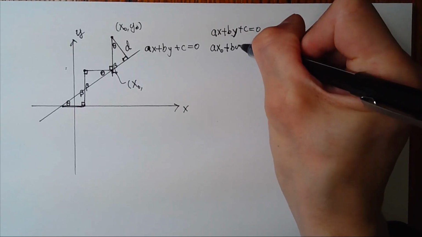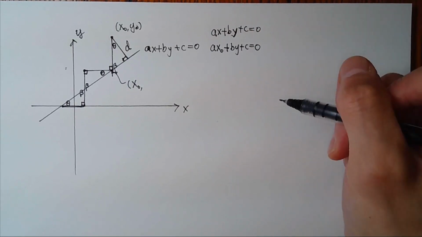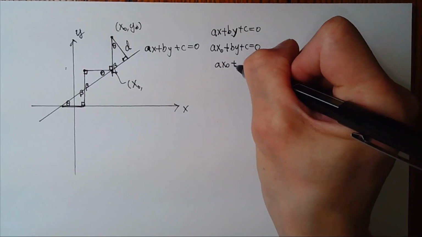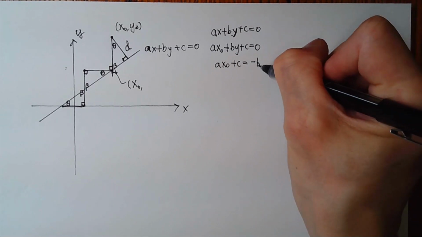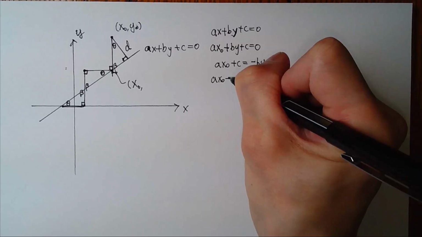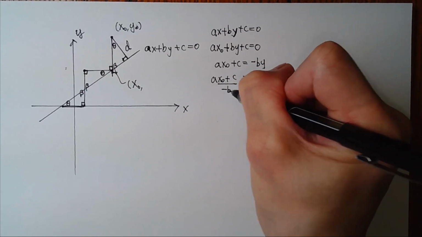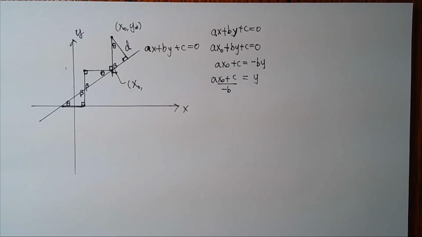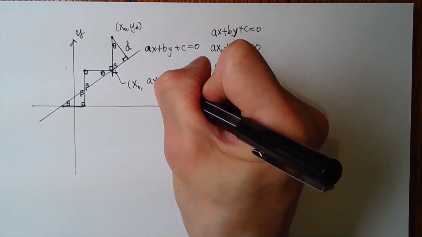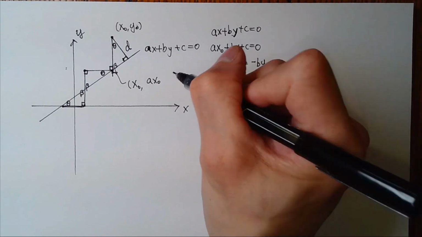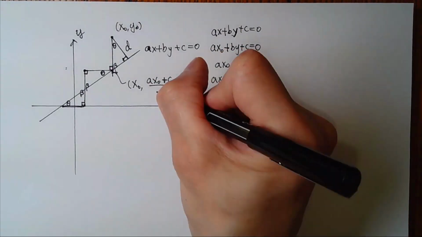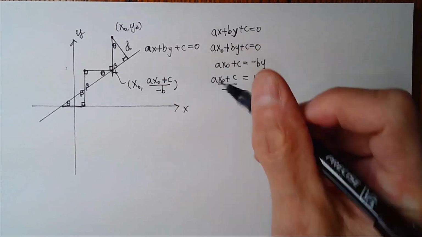So a x0 plus c equals minus by. And y equals (a x0 plus c) divided by minus b. So the y coordinate for this point will be (a times x0 plus c) divided by minus b. All right?